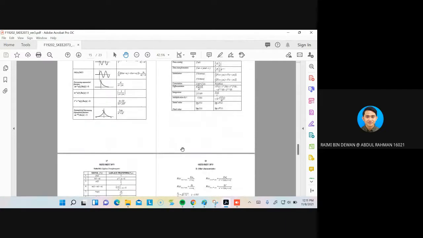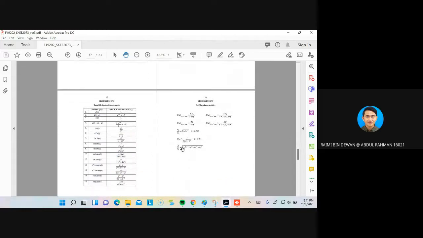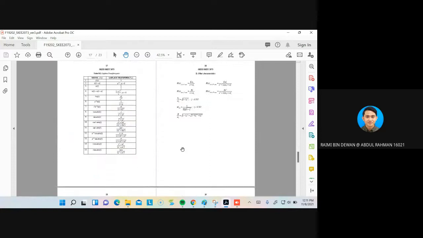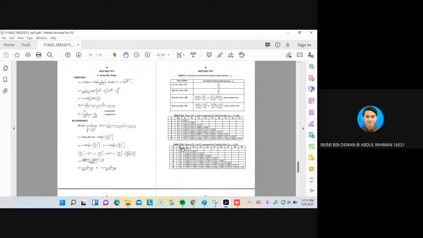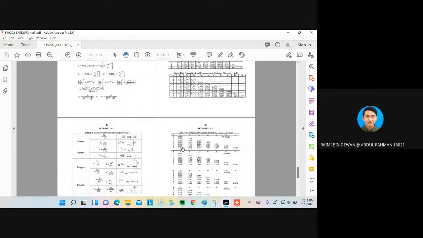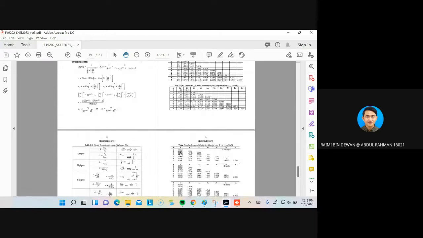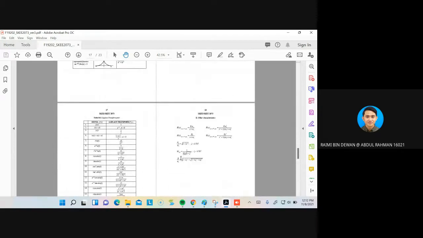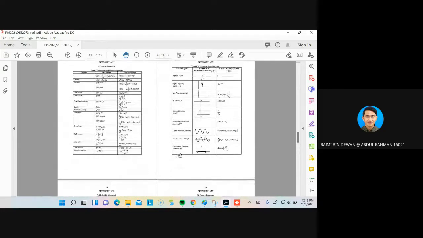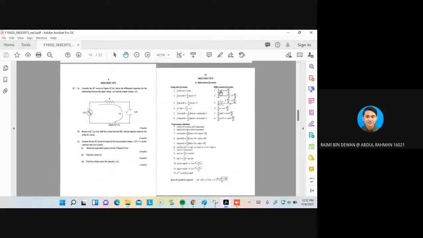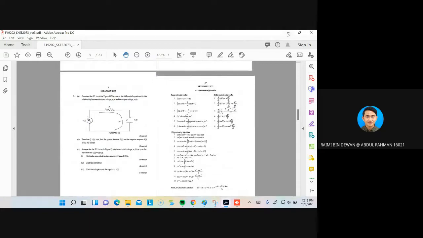If it's not given, you need to memorize. No, this is filters, band pass, band stop. I think it's not given. You can see later on, this is the complete appendix. I will provide later on.